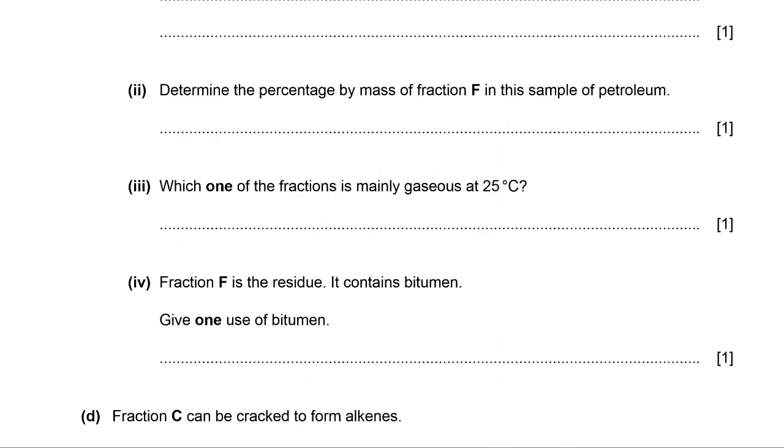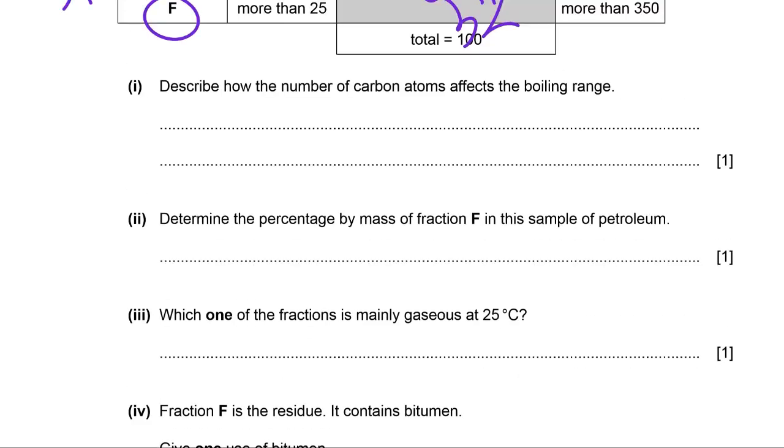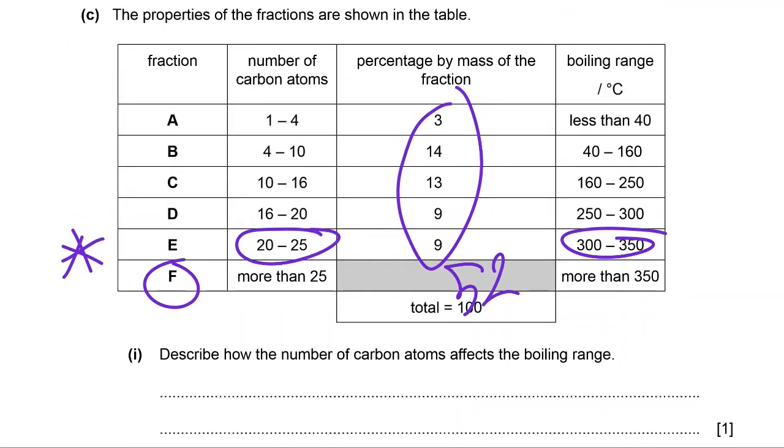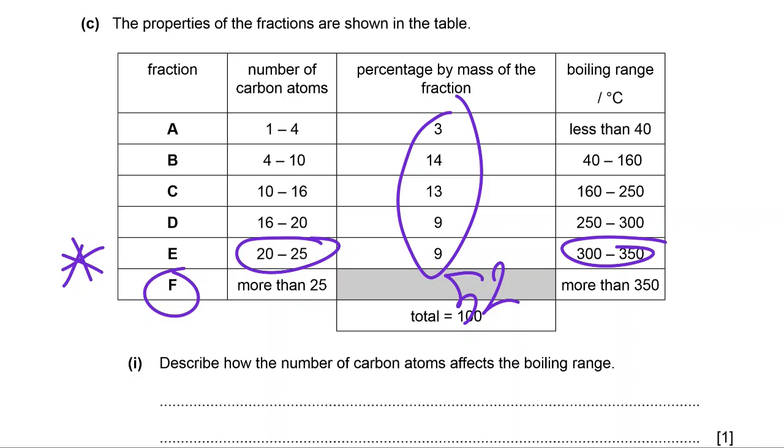Which one of the fractions is mainly gaseous at 25 Celsius? Gaseous at 25 Celsius, that means a fraction that boils at less than 40, because room temperature is 25.